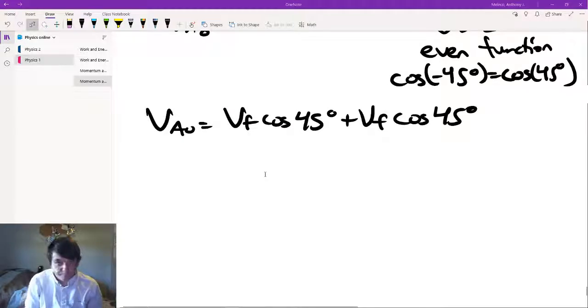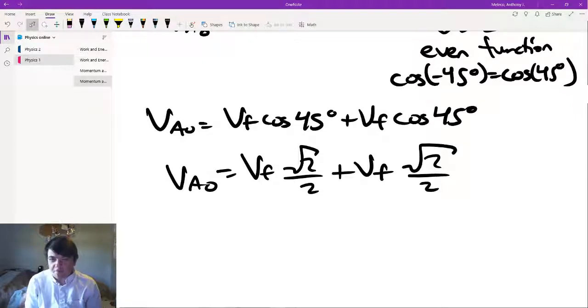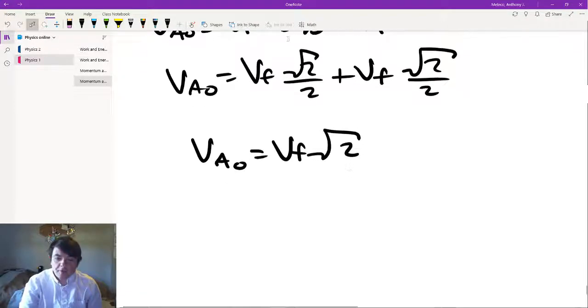So, VAO equals V final, I'm going to rewrite this now as root 2 over 2, plus V final, root 2 over 2. So now we can add these. It's literally half plus half, it's 1. So VAO equals V final, root 2. So now V final, we can finally solve for it.